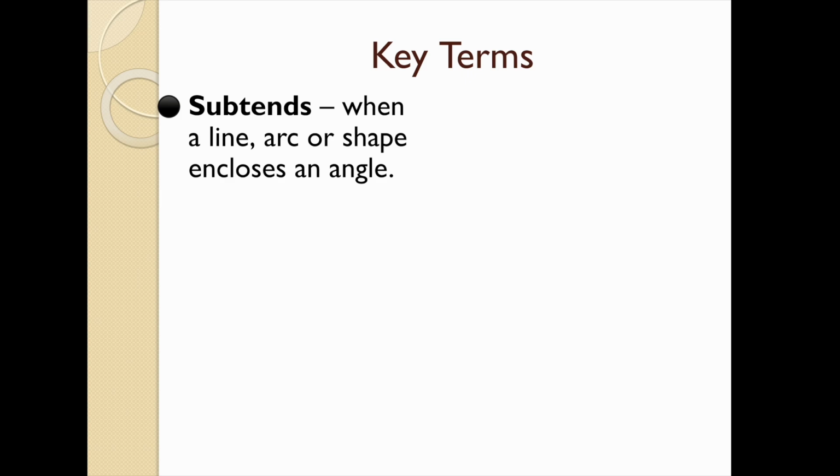So this first one here is subtends. So when we say subtends, this is a line, an arc, a shape that closes an angle. So when you say subtends, that means something that encloses an angle. So let's make a reference. If we had this angle here, it's a 90-degree angle.